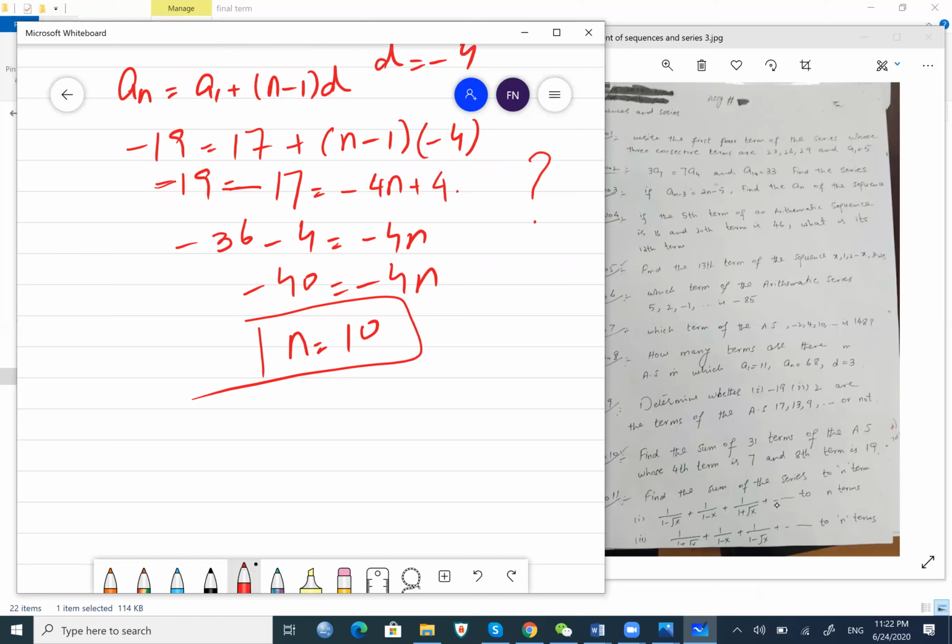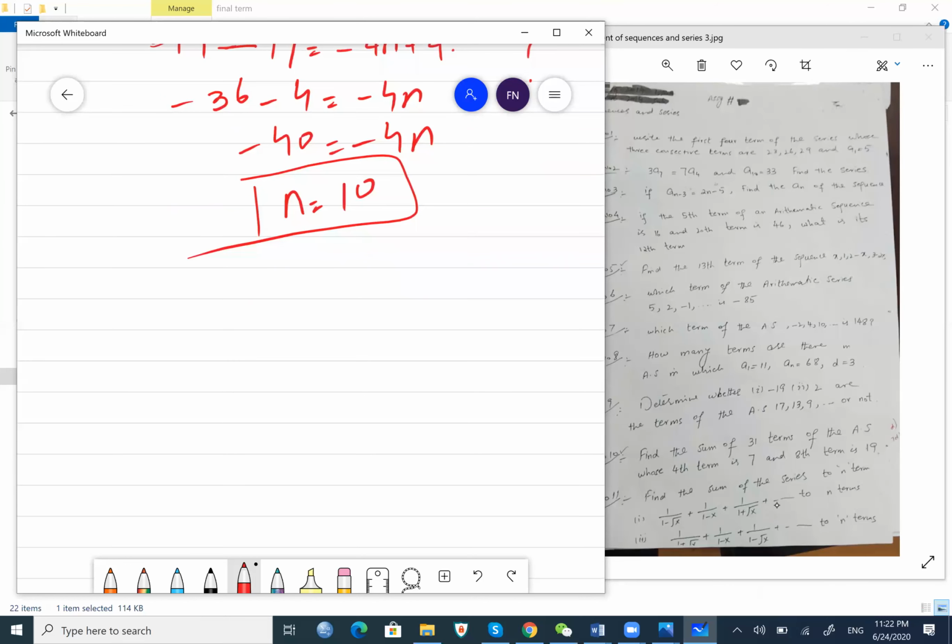That determines whether minus 19 is a term. The second part of question number 9 is: is the formula for AN the same in both geometric and arithmetic? No. For geometric, we have this formula, an equals a1 times r to the power n minus 1, and this other one is for the sum.